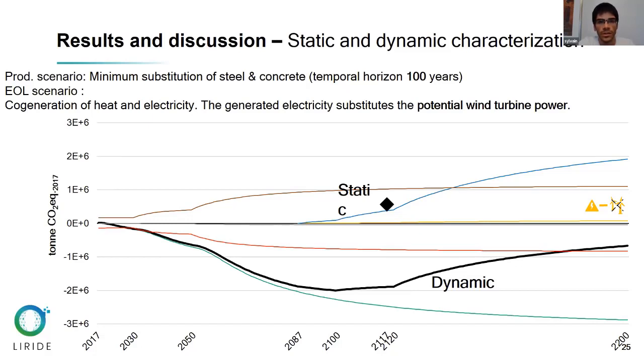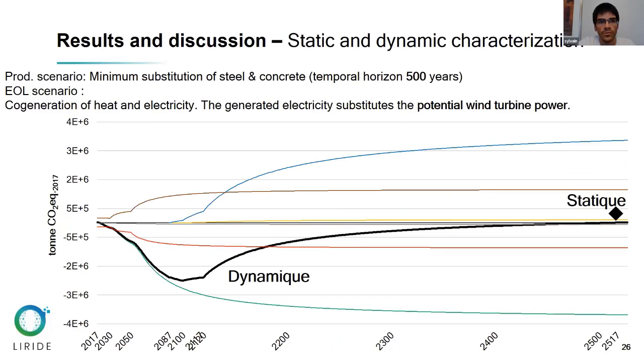So it is for a temporal horizon of 100 years. And if we go further, in the next slide, for a temporal horizon of 500 years, for further temporal horizon, the static and dynamic assessment give the same conclusion, even if the static assessment will overestimate the result. And finally, in the last slide, it is the same case.